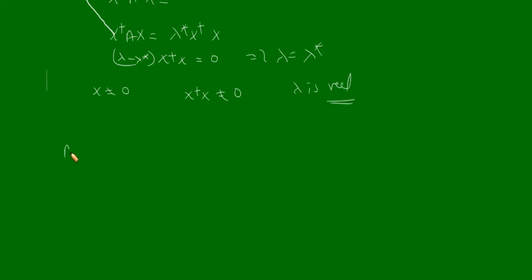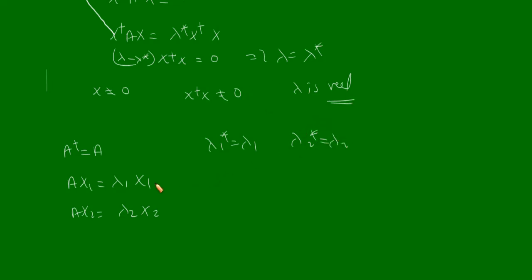Since A is Hermitian, I can write A dagger is equal to A. Now the first eigenvalue equation is A operating on x1 gives us lambda 1 times x1. A operating on x2 gives us lambda 2 times x2. Okay. Now since the eigenvalues are real numbers, we have lambda 1 star equal to lambda 1 and lambda 2 star equal to lambda 2. That we have already proved.